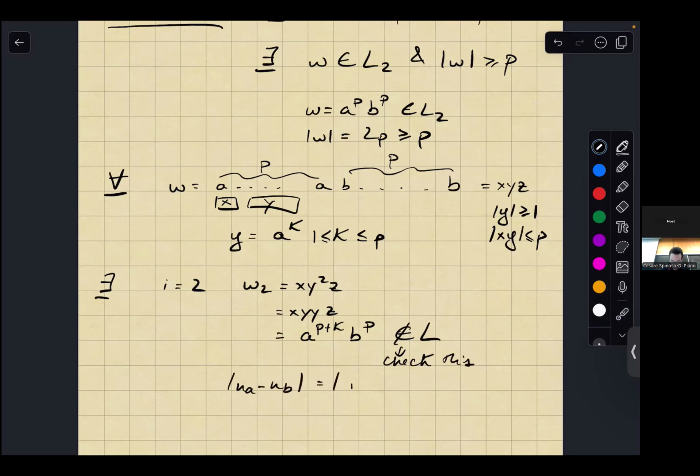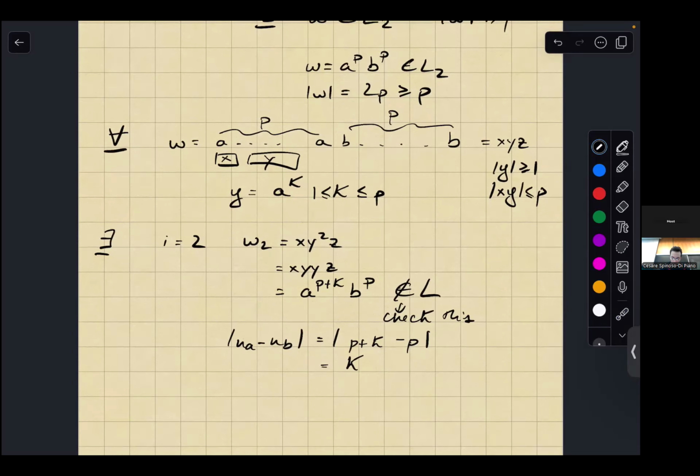Then that gives me p plus k minus p. And then this just gives me k, because k is a positive integer. And now is this strictly greater than one? No, right? It's not.